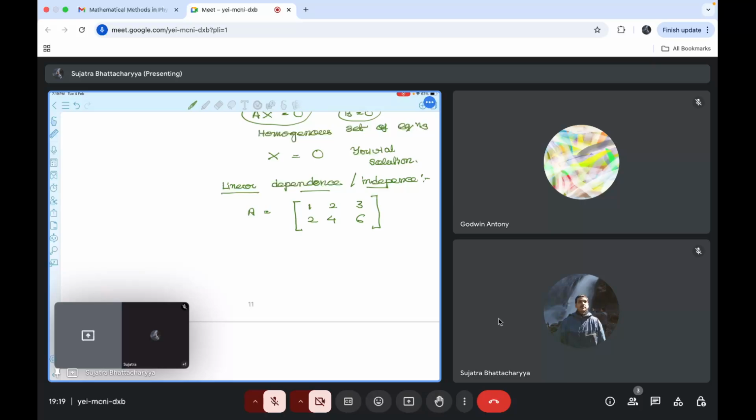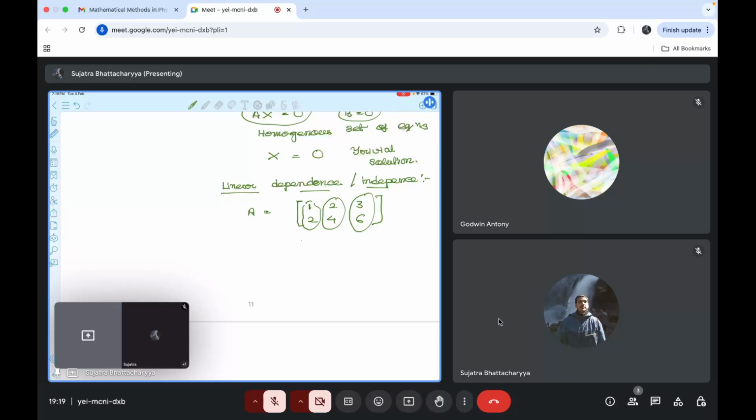So you can see clearly that this matrix, of course, is linearly dependent. But I just want to keep it like this. So this is one of the vectors, this is another vector, this is another vector, composing this matrix A.